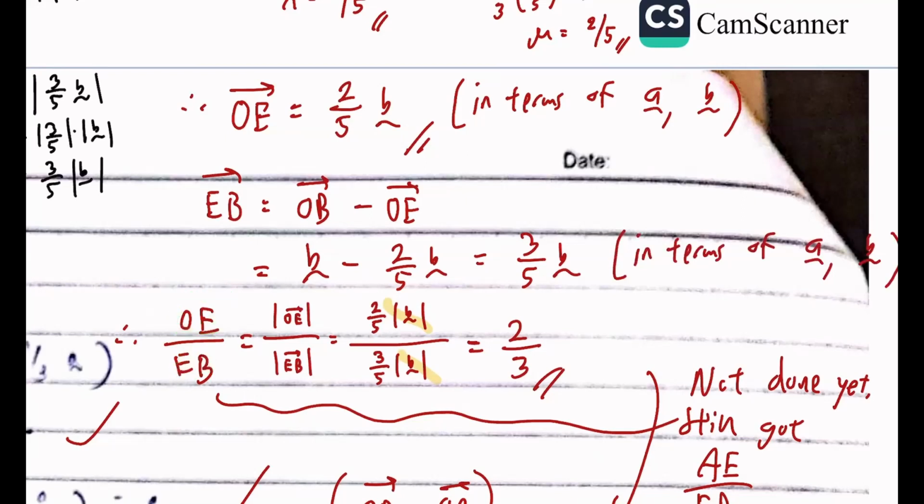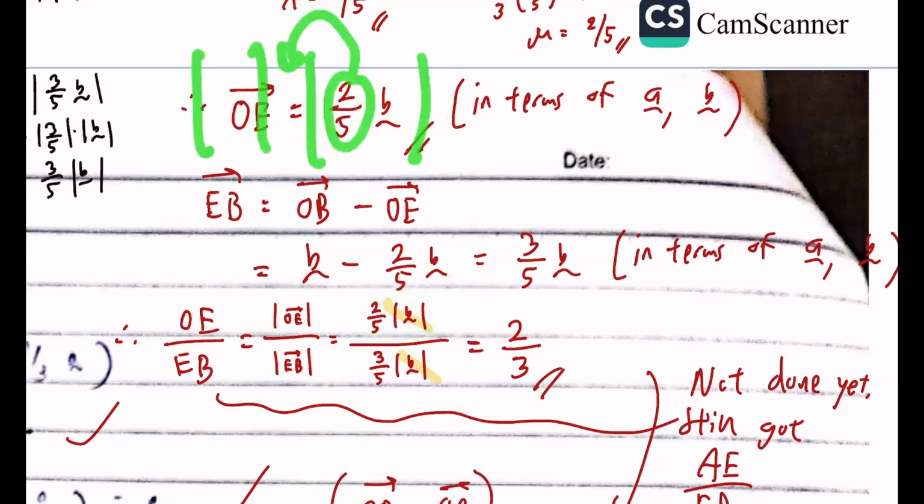It's really just the length of vector OE over the length of vector EB, or the magnitude, or the modulus. But what do we realize? We realize that you can factor out the 2/5 from the vector OE, right? The scalar can be factored out when you take the modulus. 2/5 taken out. Then that's how I get 2/5 modulus b here on the numerator.